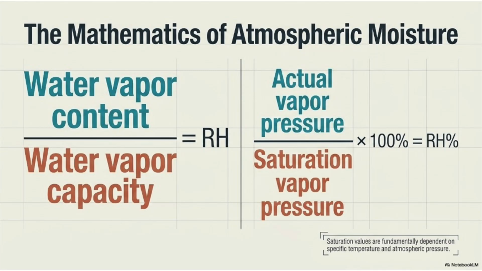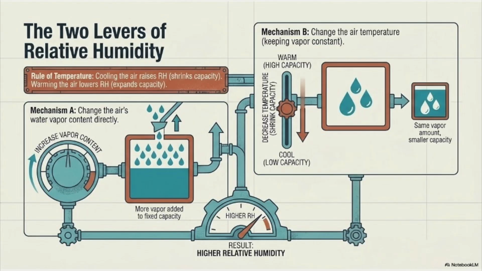It is important to remember that these saturation values are fundamentally dependent on the specific temperature and atmospheric pressure at the time. There are two levers that control relative humidity. The first mechanism involves changing the air's water vapor content directly. Adding more vapor to a fixed capacity results in higher relative humidity.